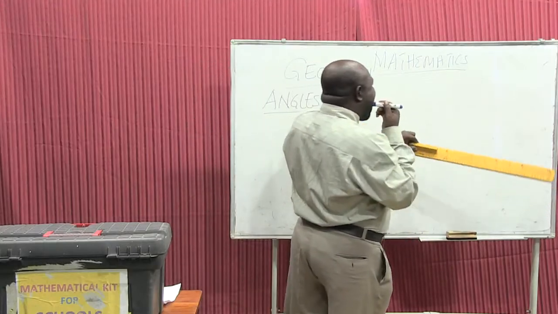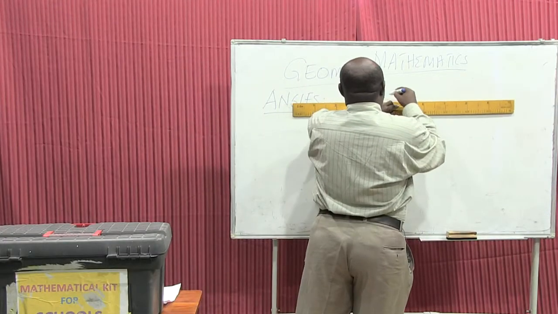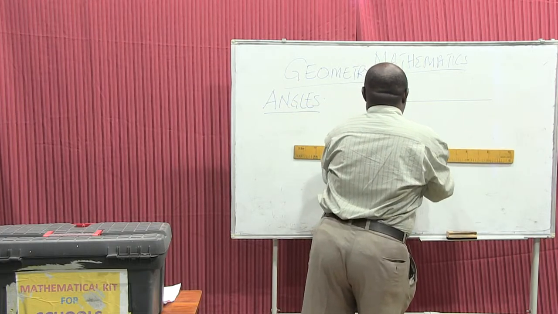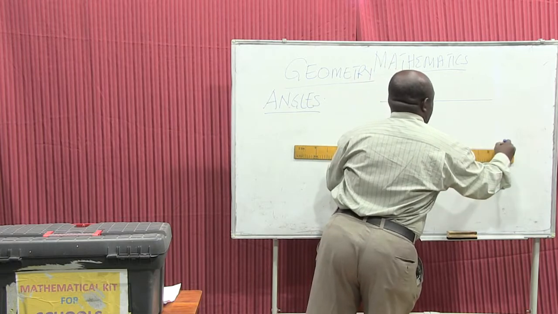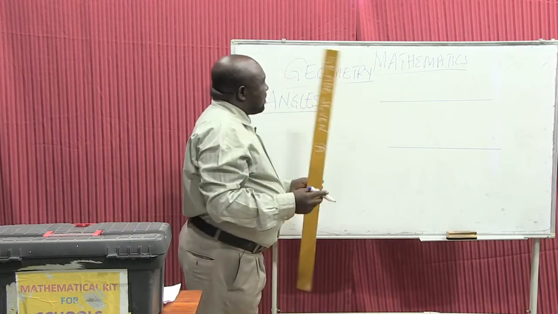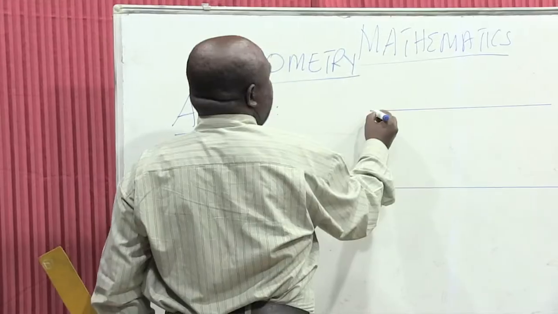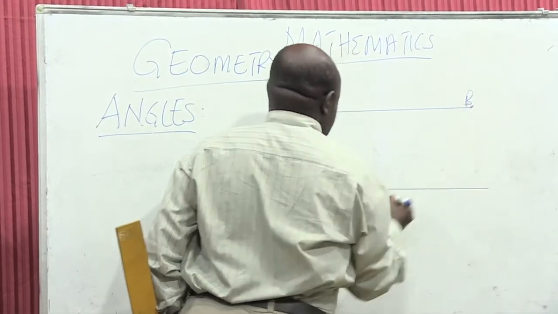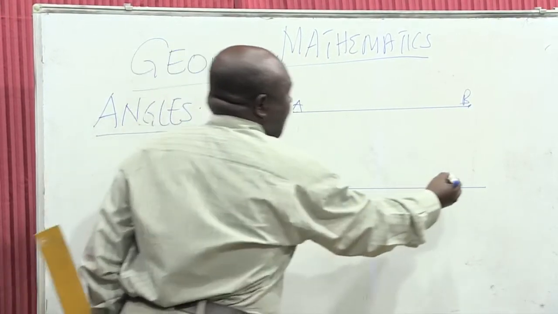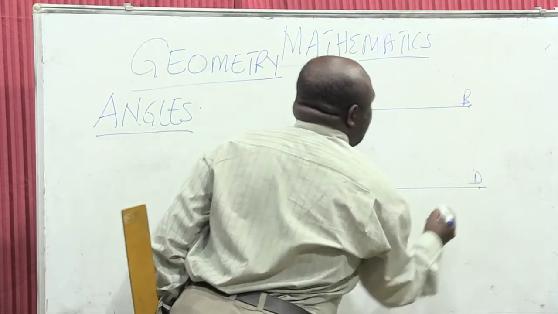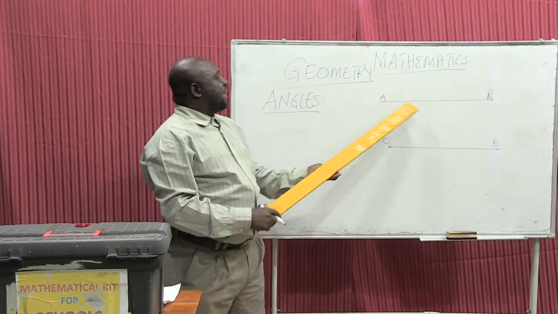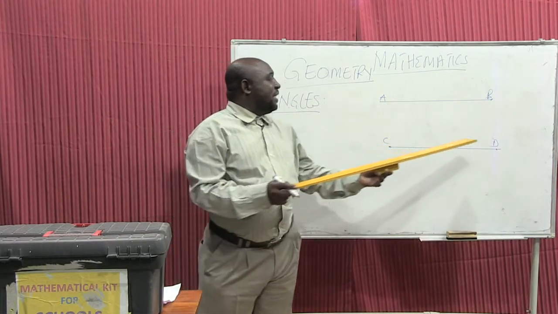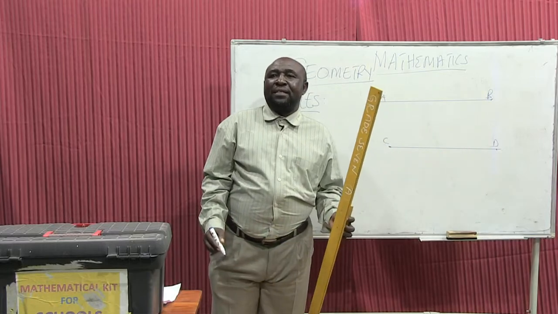So as usual, let's say this is point A, here it is point B, here is point C, here is point D. So AB is a line segment and CD is a line segment.